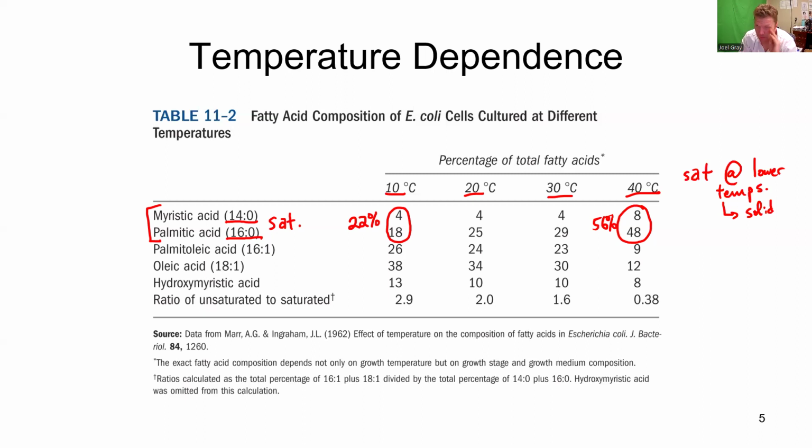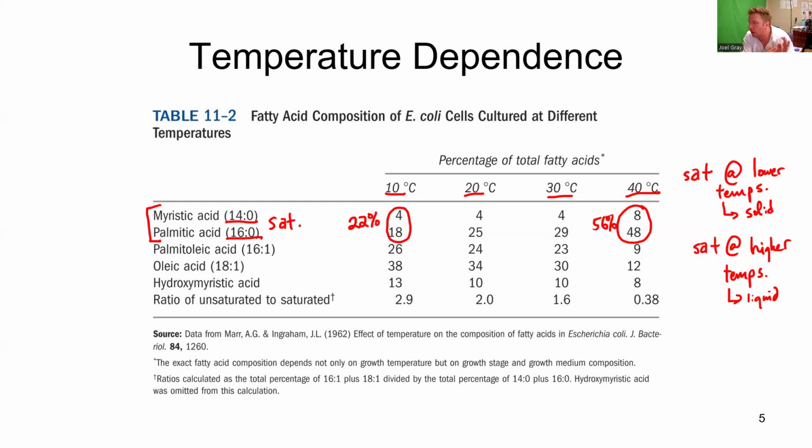Okay, so then what about saturated fatty acids at higher temps? Well, it's more likely going to be a liquid. Okay. So, it's kind of like there's going to be some sort of sweet spot where there's a mixture of solids and liquids.